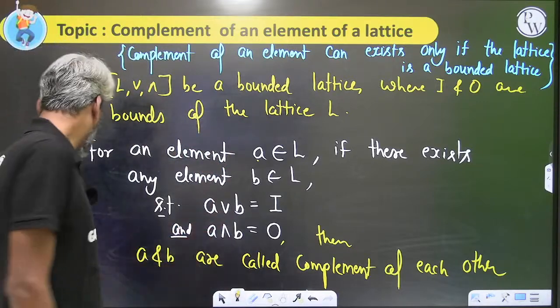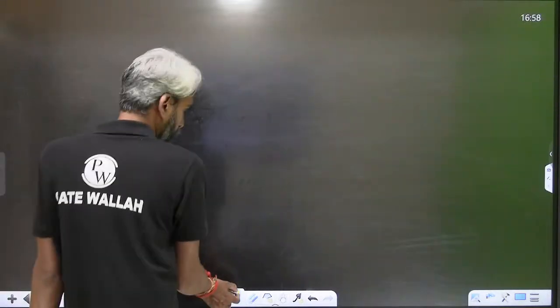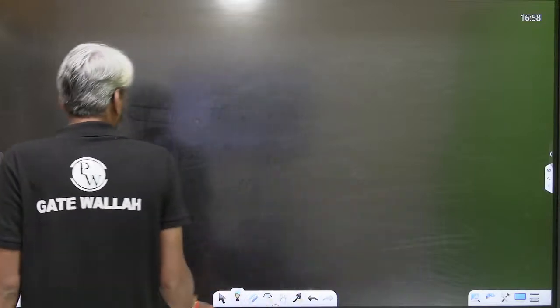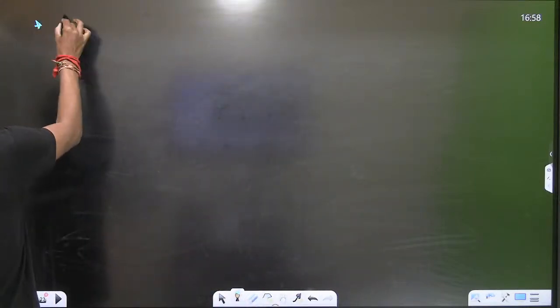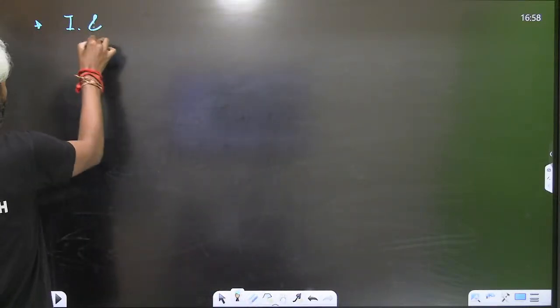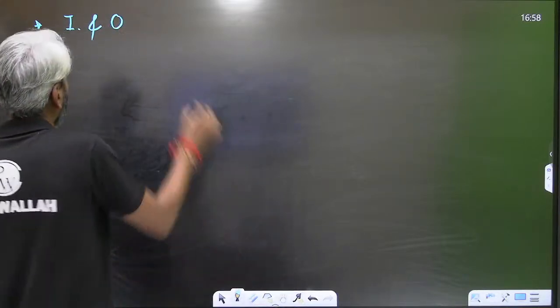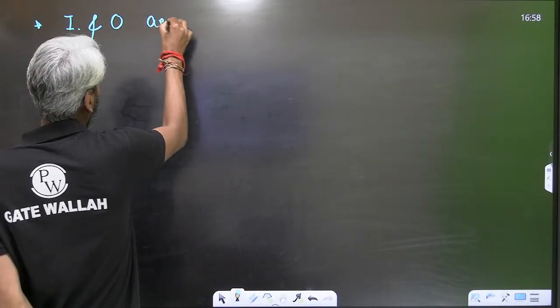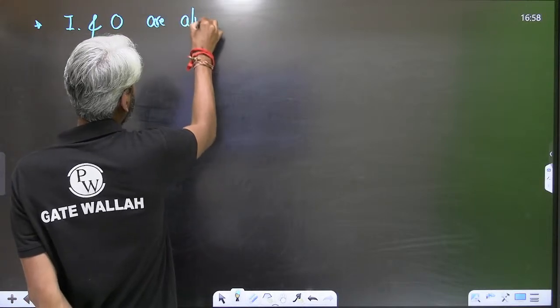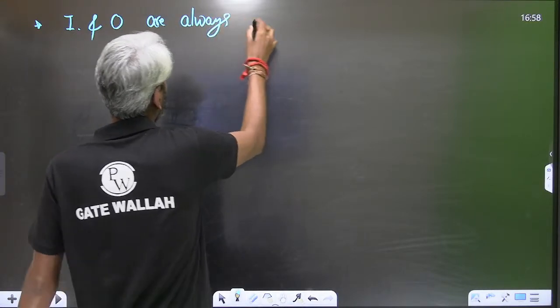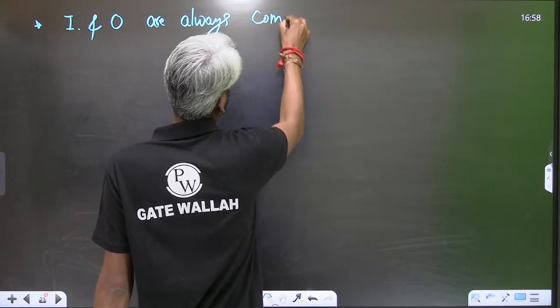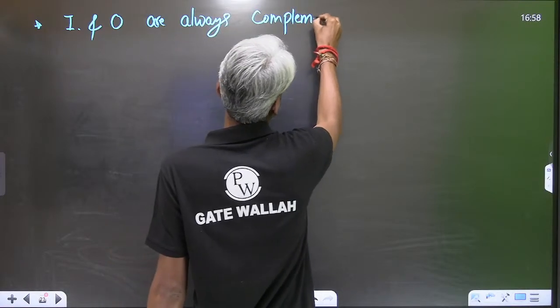I'll give you an example, but before that, I just need to mention some important points. I and O are always complement of each other. That's fixed.